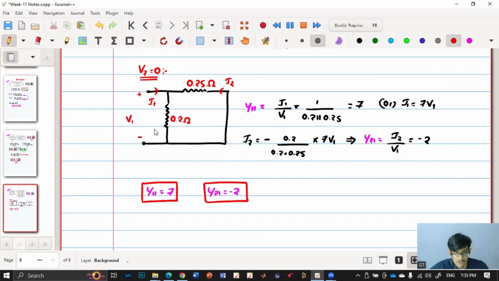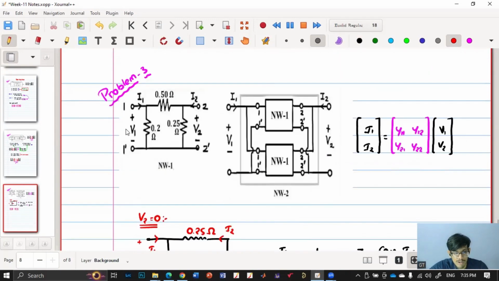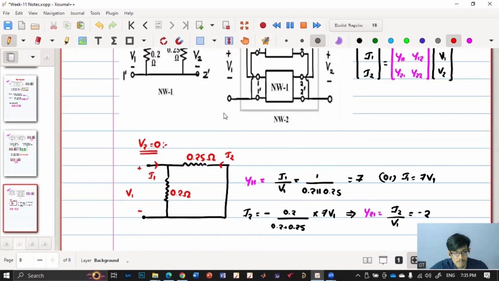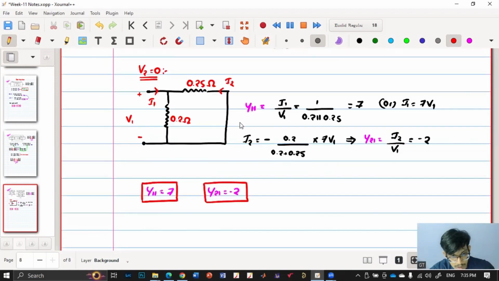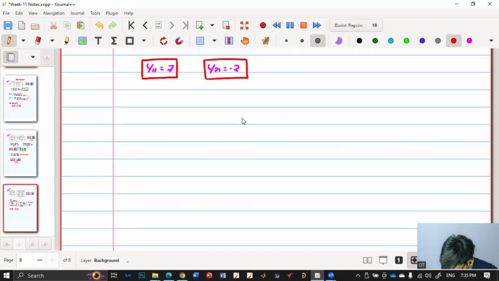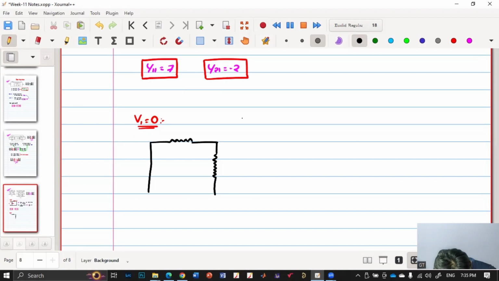So we got this. Now we'll make V1 equal to 0. Then we have 0.5 and 0.25. The circuit will be the same, but from the other way. Let us make V1 equal to 0. Then here we have one resistor, and here we have another resistor.